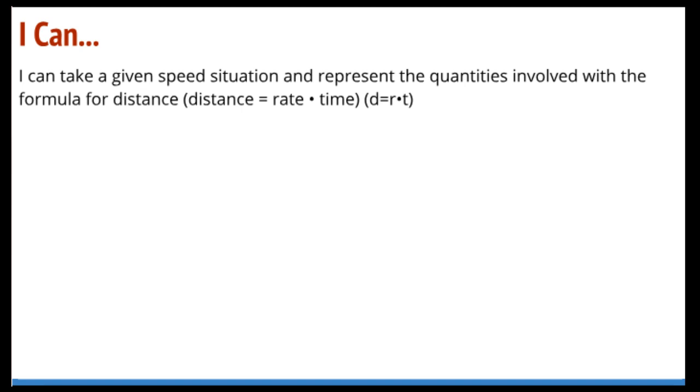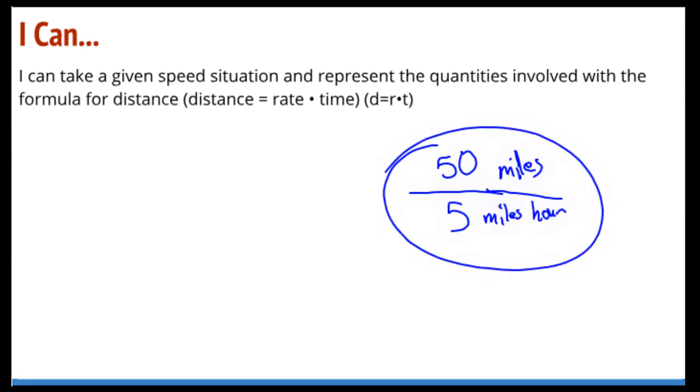Not that it should be very hard, because the time is equal to the distance divided by the rate. So it shouldn't be too intimidating. If I know the distance is 50 miles, and I know that I'm traveling 5 miles per hour, then I would know that it would take me 10 hours. Miles will cancel out here, and I'll be left with 10 hours.